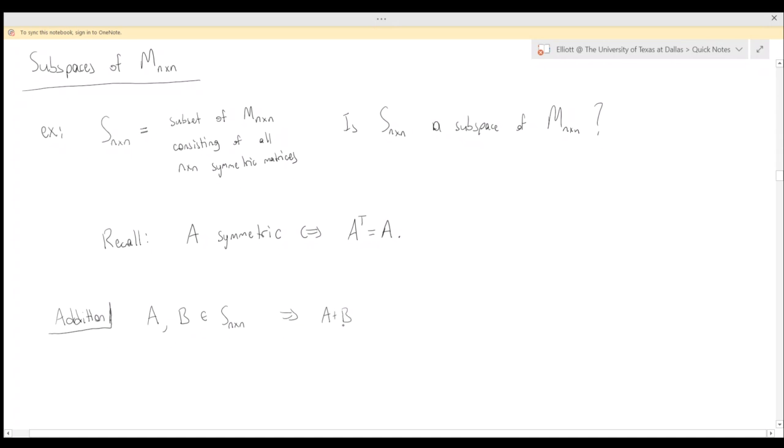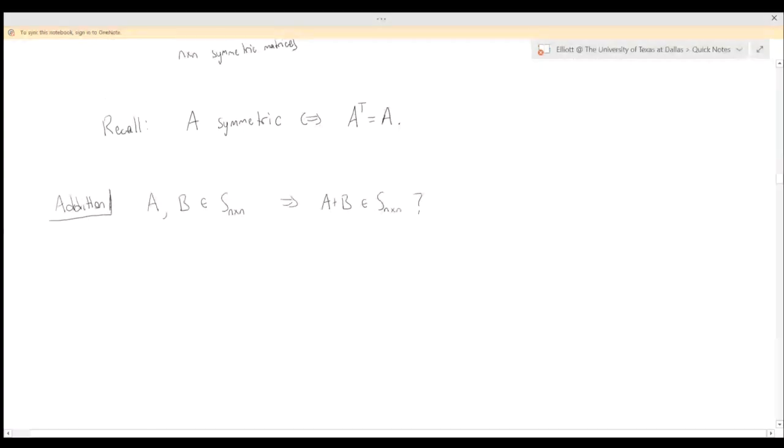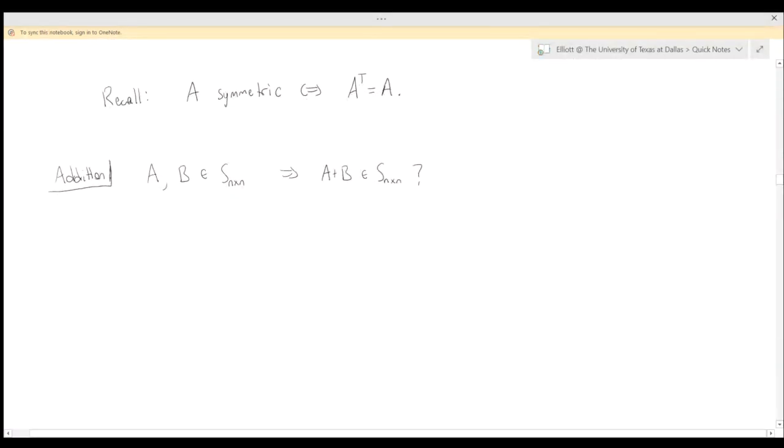So in this context, it means if I have two symmetric matrices, is their sum also going to be symmetric? Assuming A and B are symmetric, meaning A transpose equals A and B transpose equals B, we want to check if their sum is going to be symmetric.